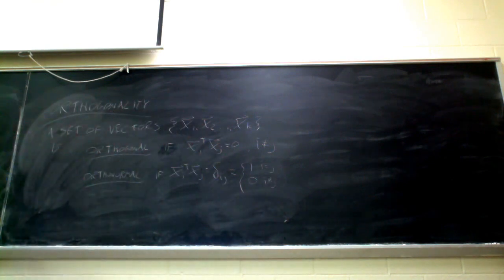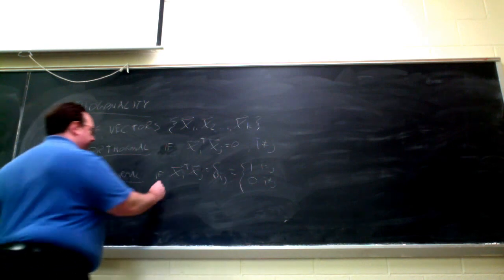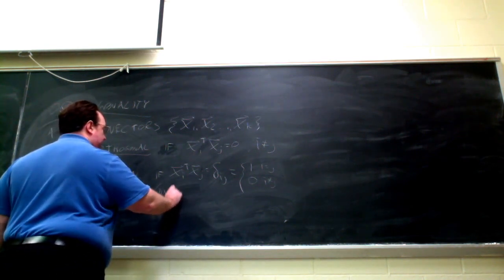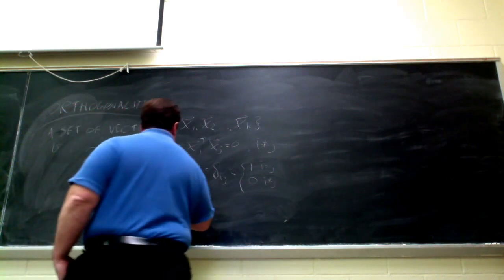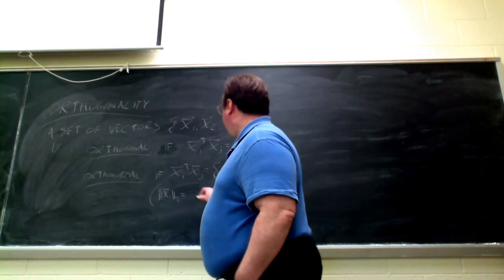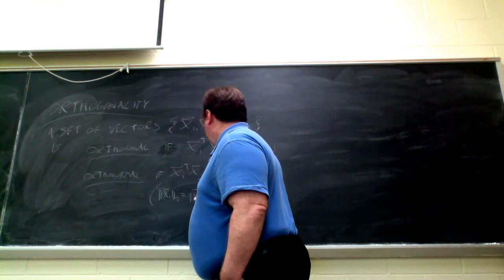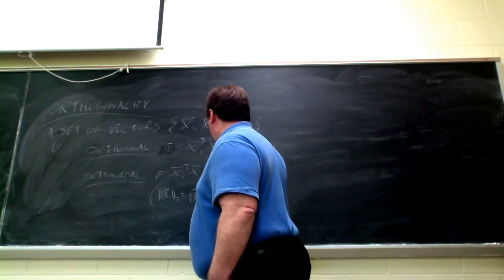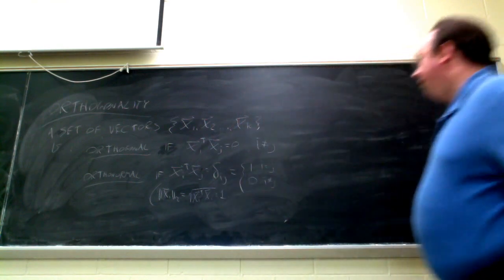So another way of putting it, orthonormal vectors are also orthogonal, but we can also add that the 2 norm of each vector, which happens to be the square root of the inner product itself, is 1.